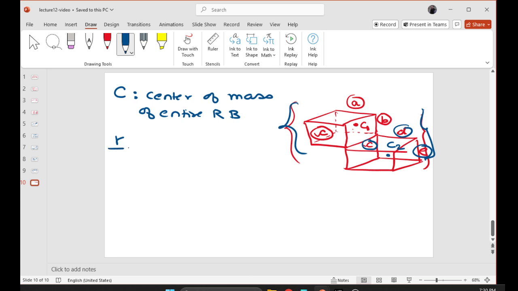It can actually be derived very easily that the location of the center of mass of this entire RB can be found in this way.